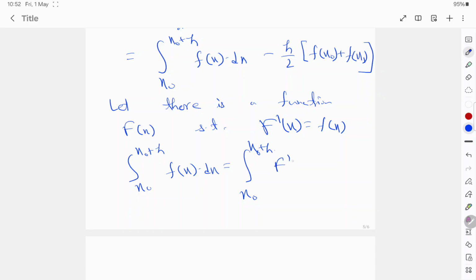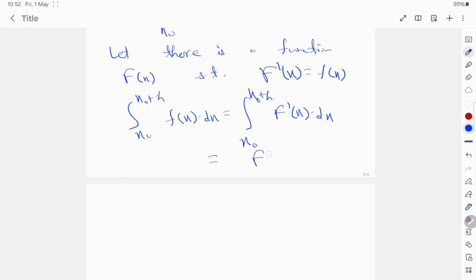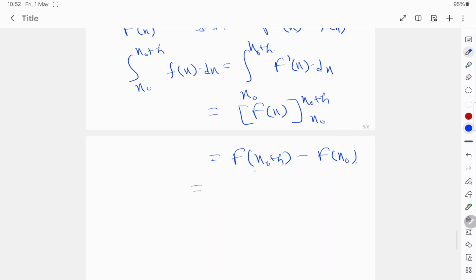So if you substitute here F dash x dx, you have F(x) between x0 and x0 plus h, so you are getting F of x0 plus h minus F of x0. Now if you expand this using the Taylor formula, it gives F of x0 plus h F dash x0 plus h squared by 2 F double dash x0 plus so on.